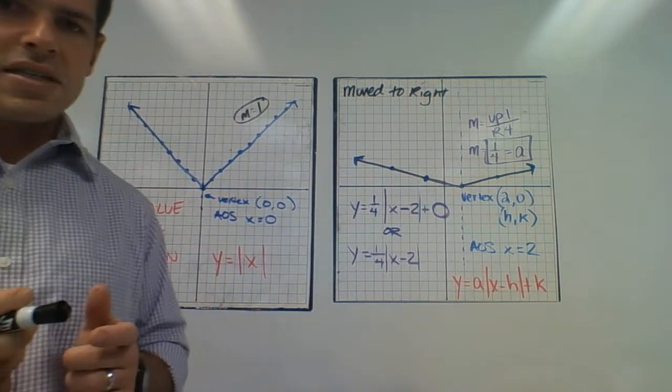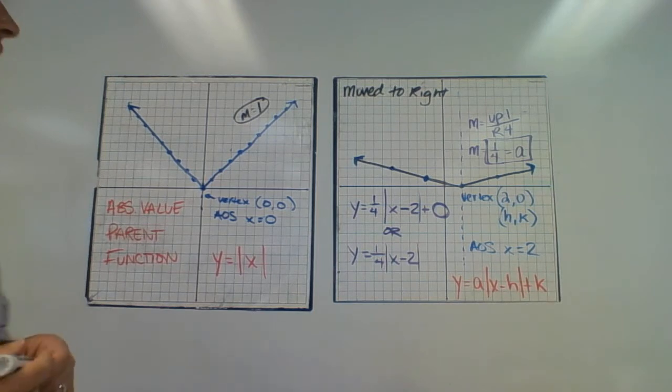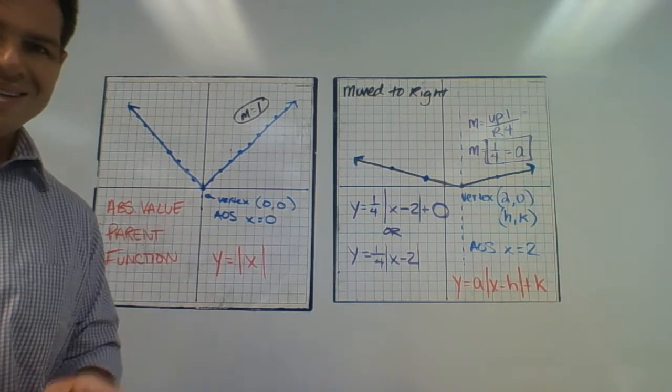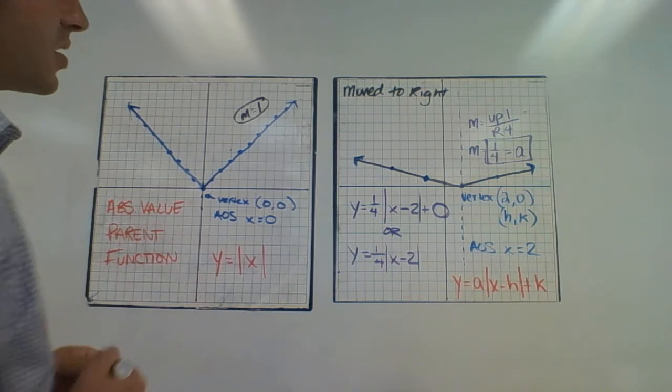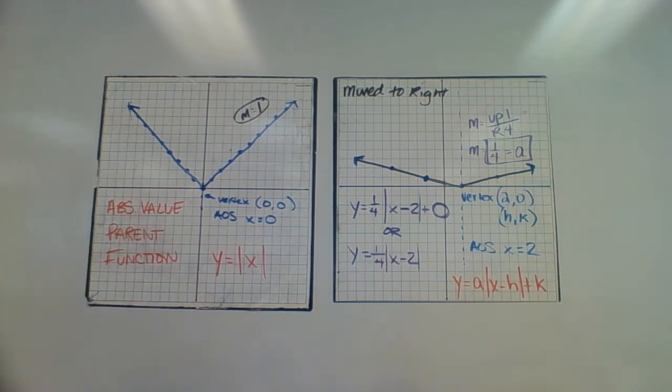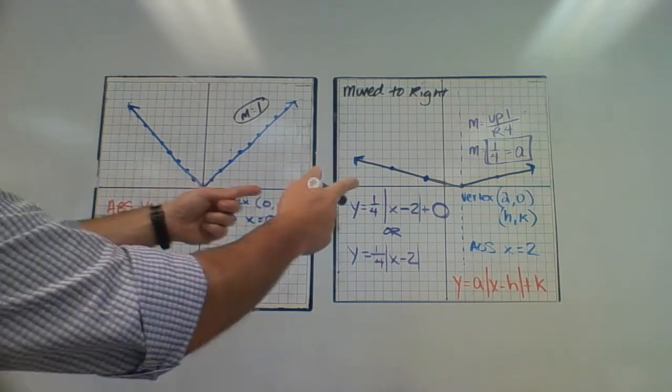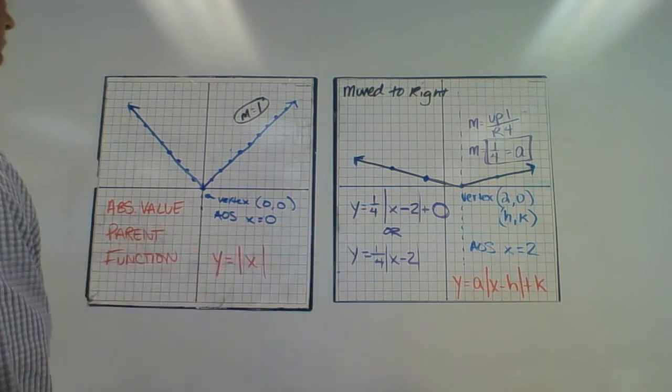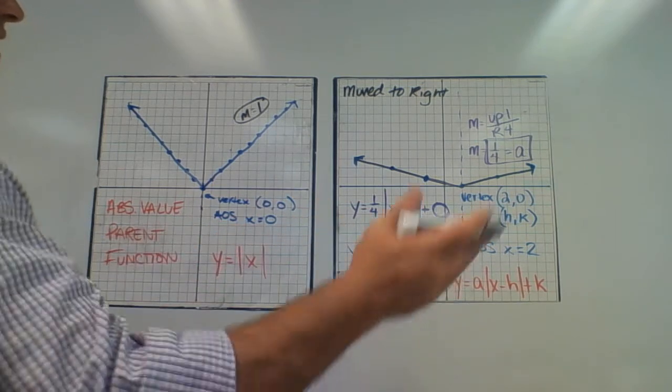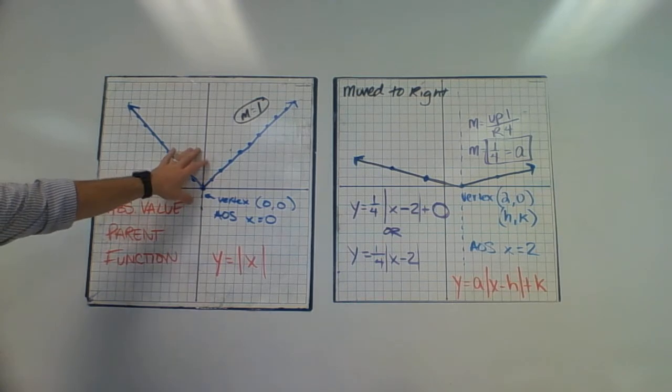It might not have been as obvious in other examples, but in this example, especially comparing the two side by side, we can see that the picture over there is definitely a wider V than what we have here. Again, we're basing all of that off of our a value.